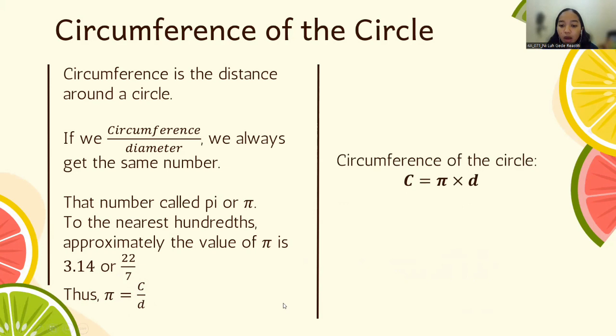The formula for the circumference of a circle is C equals pi times d, or it can also be C equals 2 times pi times r, where C stands for the circumference, d stands for the diameter, and r stands for the radius.